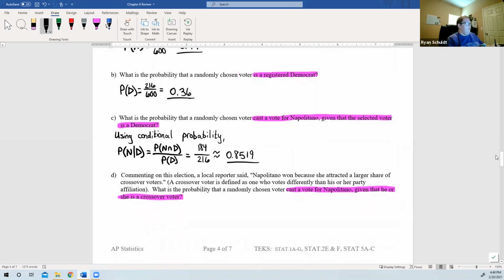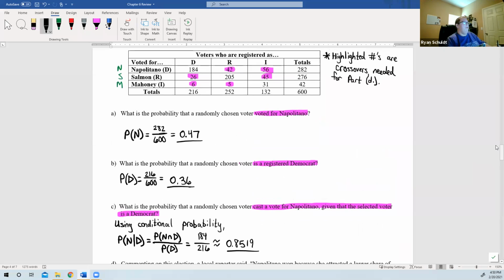So let's see. We want the probability of Napolitano given crossover. So what does this look like? This is the probability of Napolitano and being a crossover over the probability of being a crossover. Okay, so what crossovers, what highlighted ones voted for Napolitano?